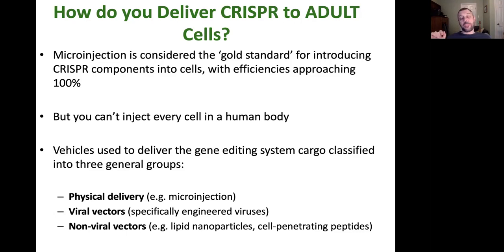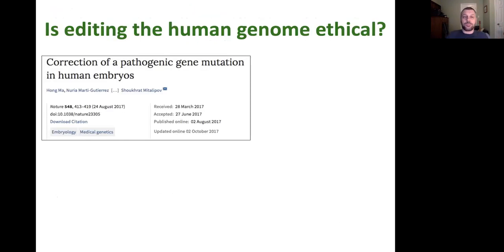That viruses can introduce genetic material into cells. So we can engineer viruses to do that. And then there are other ways called non-viral vectors, which is a catch-all term for different things like lipid nanoparticles that can surround the CRISPR machinery and get it into cells. And viral vectors and non-viral vectors, you could take as a pill or an injection, and then you could target more cells in the human body.